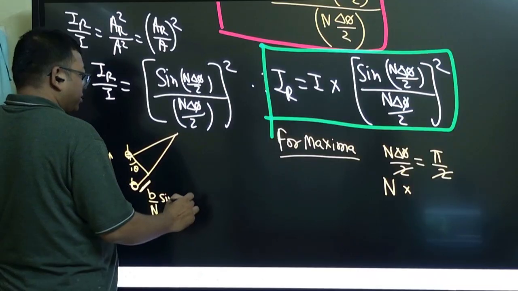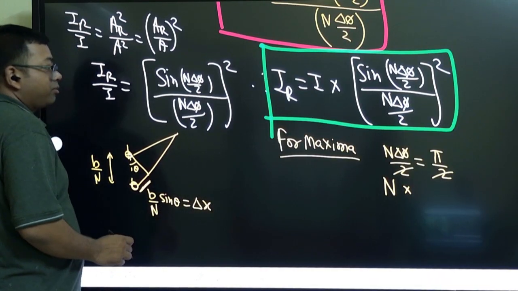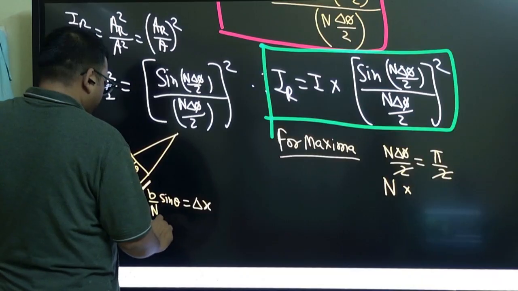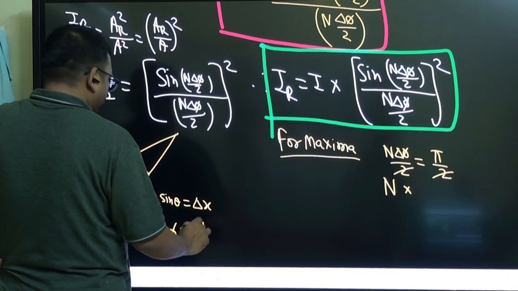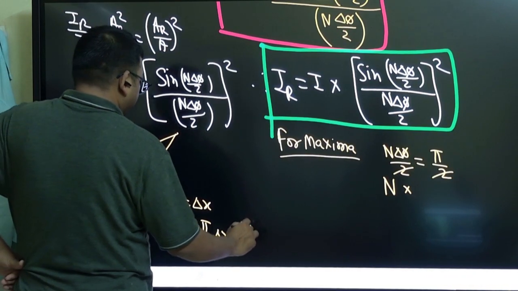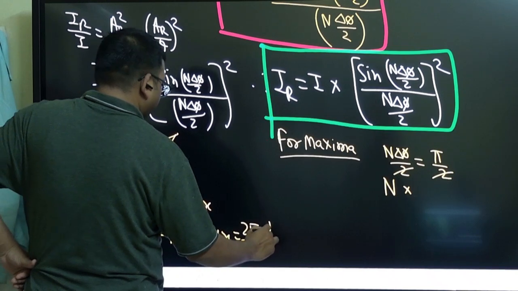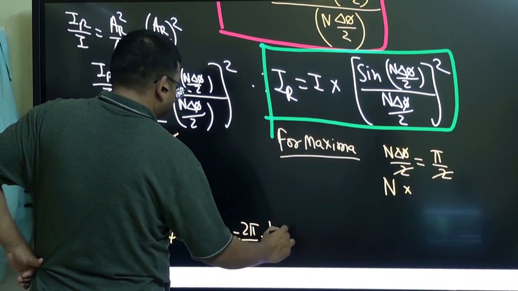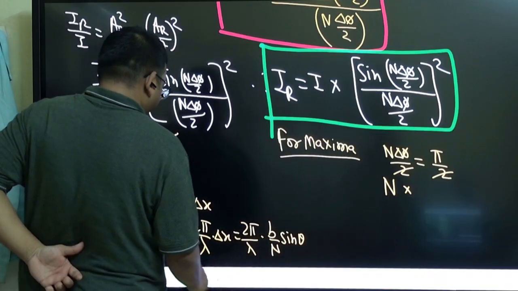This path difference was delta x, and from this path difference we have calculated the phase difference delta phi as 2 pi by lambda into delta x. So 2 pi by lambda into b by n sine theta. This is what delta phi is. Let us substitute this here.